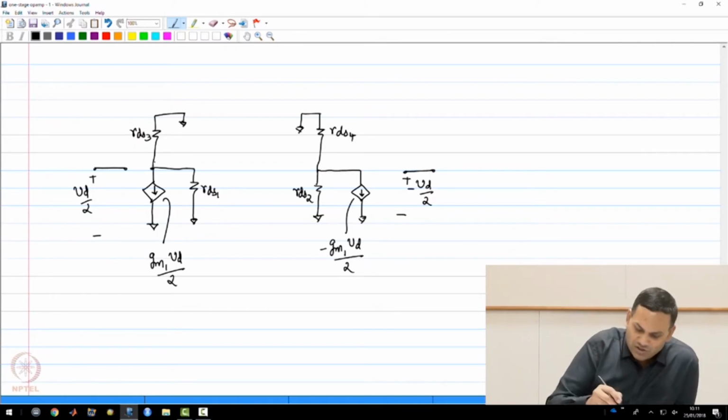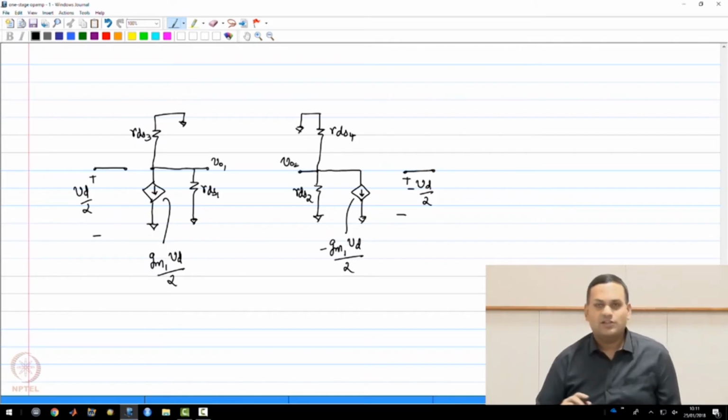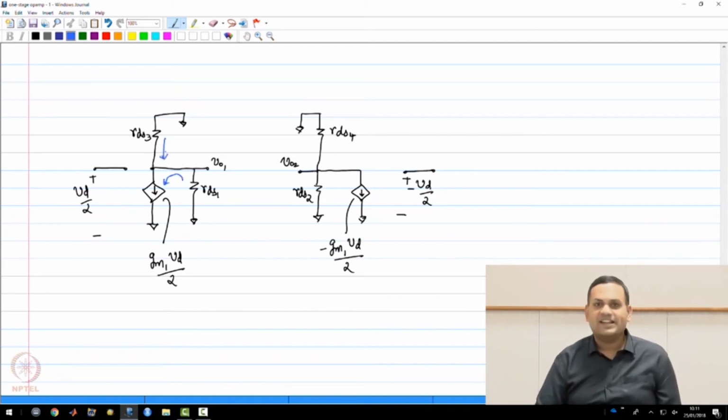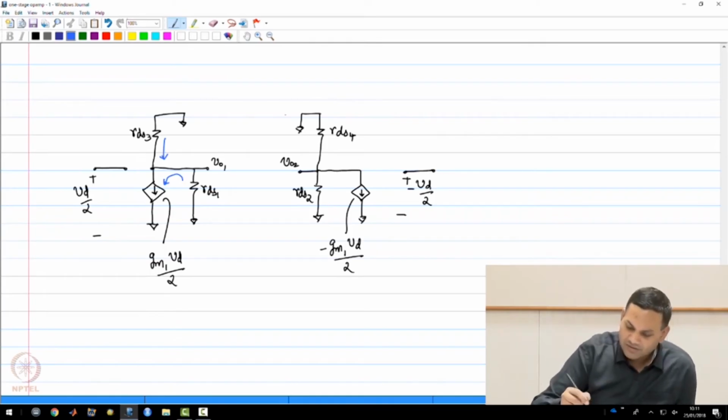Now this gives us a better picture of what is happening. So this is VO1 and this is VO2. As you can see, the signal current GM1 VD by 2 and GM2 VD by 2 actually flow through a combination of RDS1 and RDS3 on the left hand side, and of course I can now change the direction to give a better idea.